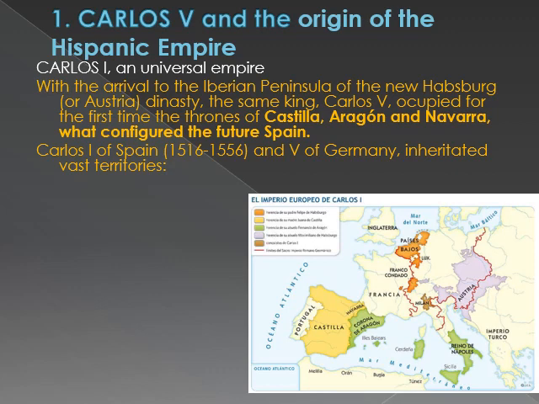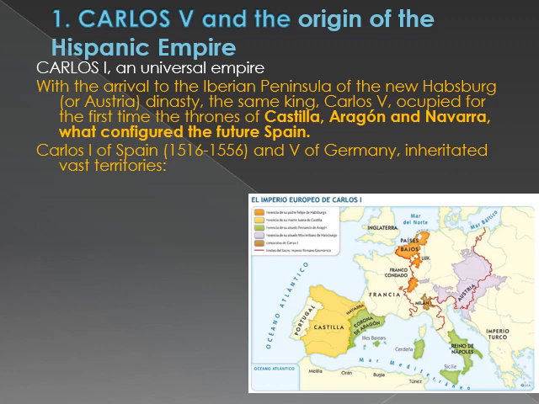When he arrived to the Iberian Peninsula, he starts the new dynasty, the dynasty of the Habsburgs. This dynasty was actually started by his father, Philip the First, but as his mother was governing, we consider him the first actual king of this dynasty in Spain.